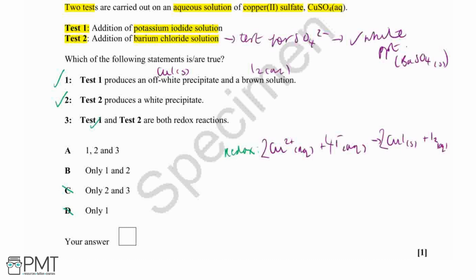So test 2, we've got the reaction of our barium 2 plus ions in solution with the sulfate ions in solution to produce that white barium sulfate precipitate, but we haven't got any change in oxidation states in these ions or compounds. Therefore, test 2 is not going to be a redox reaction. Therefore, statement 3 is incorrect, so our answer is going to be B.